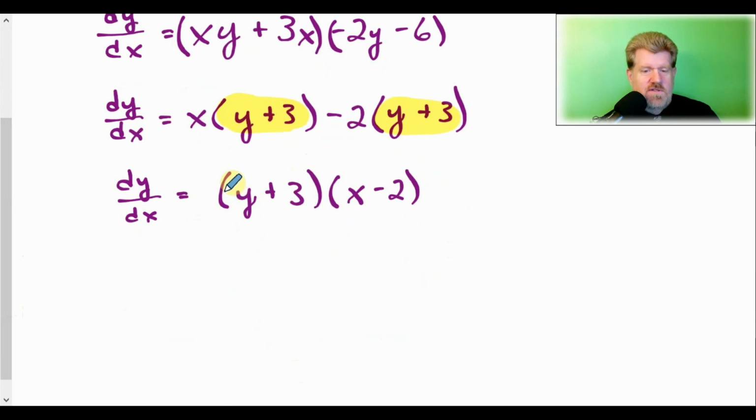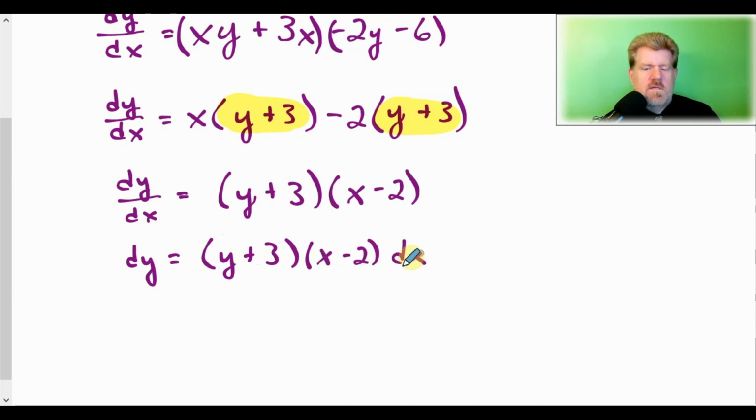I need to get this x over here, so I'm going to divide by this y plus 3 to move it over here.